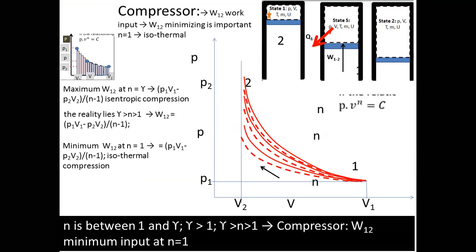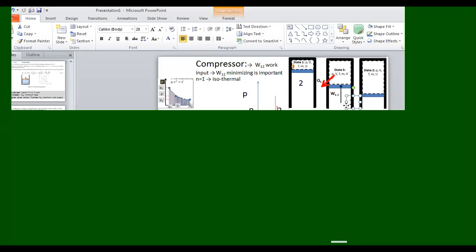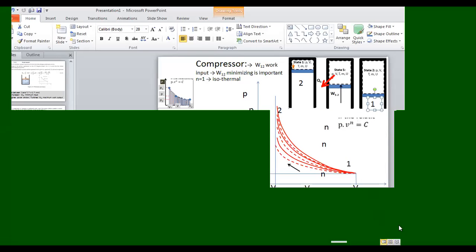Okay, so this is for the compressions. The other way, you have a bigger volume and smaller pressure. You are reducing the volume from V1 to V2 here. V1 is here.